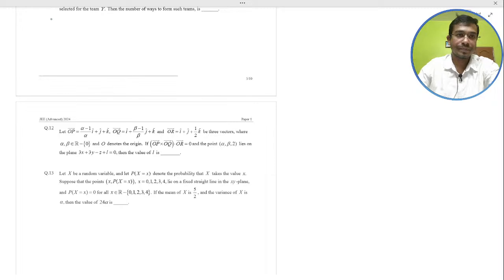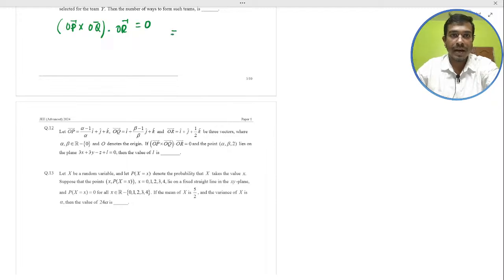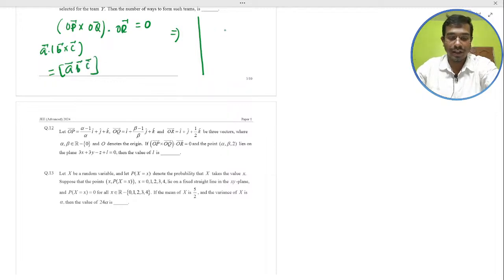Simple. So given that vector (OP × OQ) · OR is equal to 0, that means a · (b × c), which is written as box product [a b c], is zero. That means the vectors are coplanar.